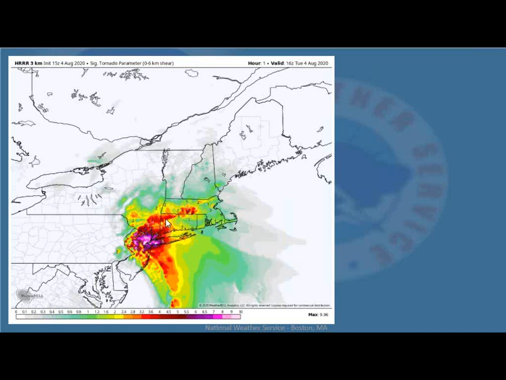But for us, the tornado threat is non-zero, and there are some elevated values as well. It really is not that important to focus on where that local maximum value is, but this is just to show that the threat is there for the entire area.